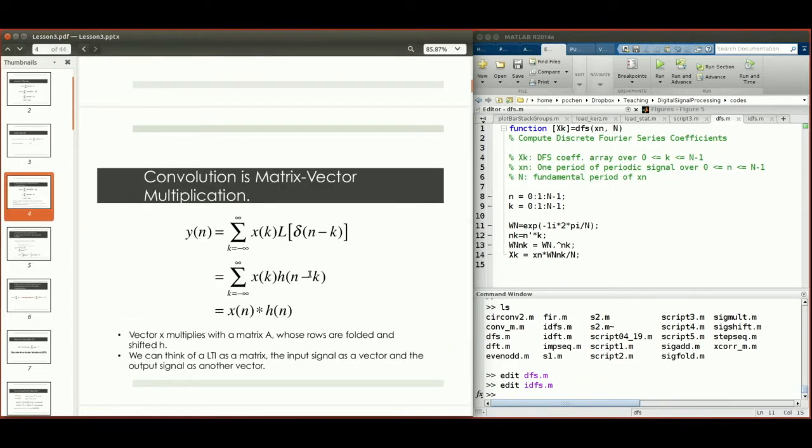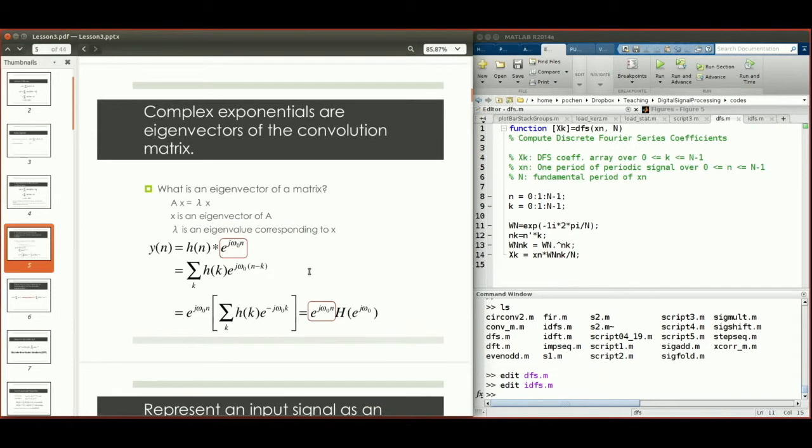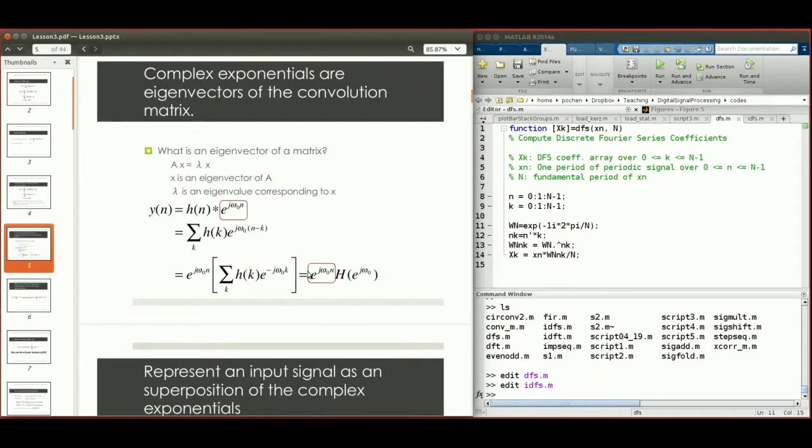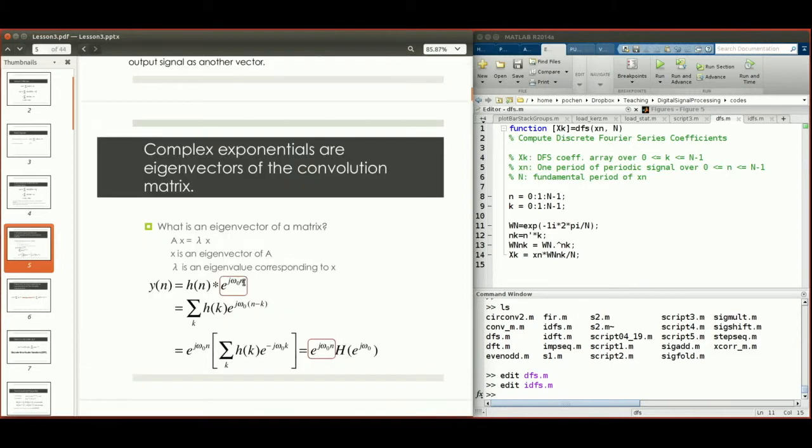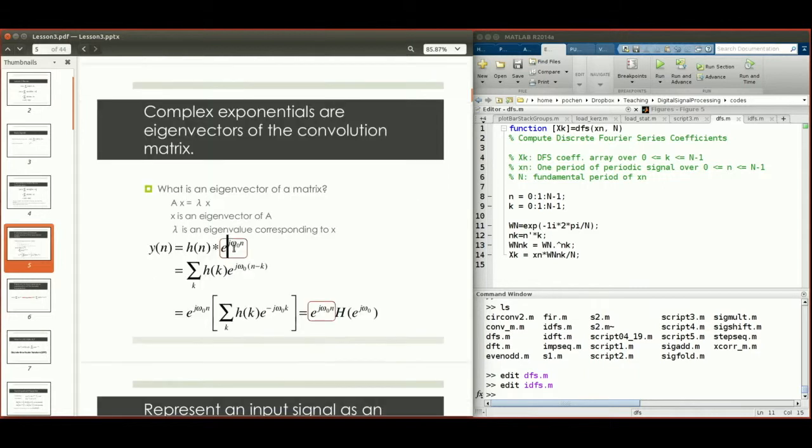We are talking about some of the properties of complex exponentials as basis signals. The reason that we would like to use complex exponentials as the building block for any kind of complex signal is that a complex exponential is the eigenfunction of a linear time-invariant system.